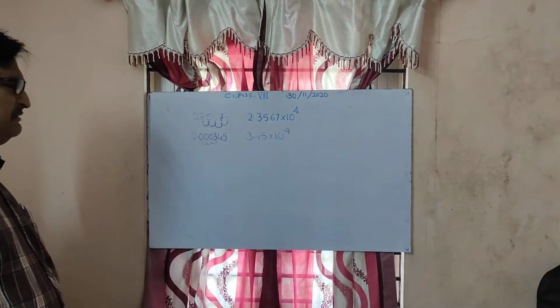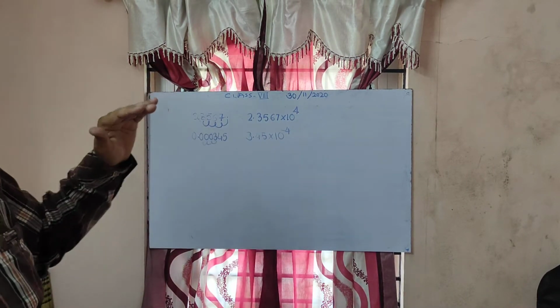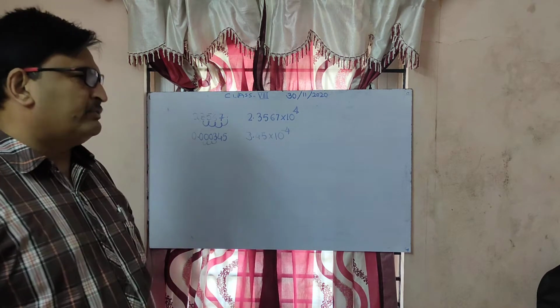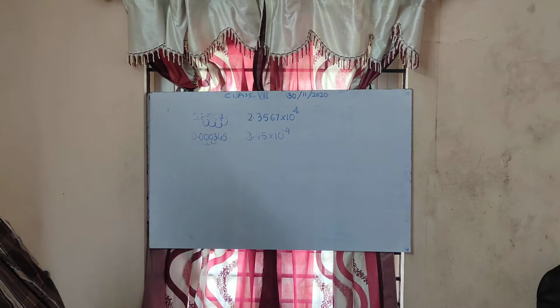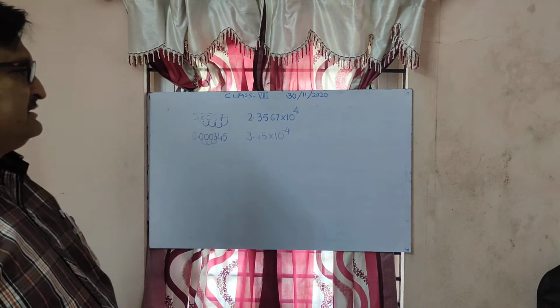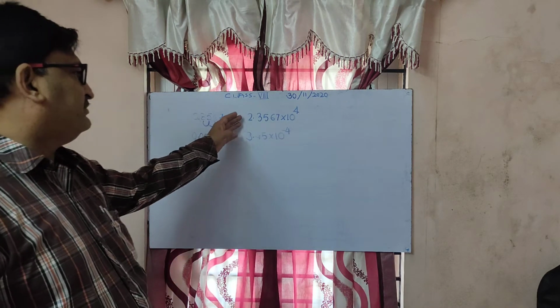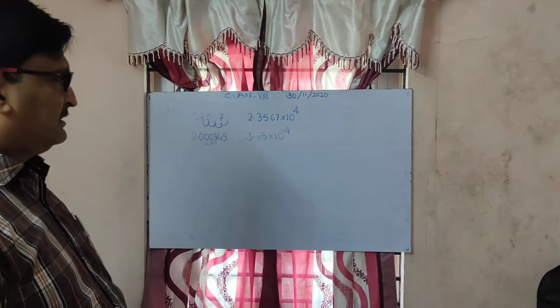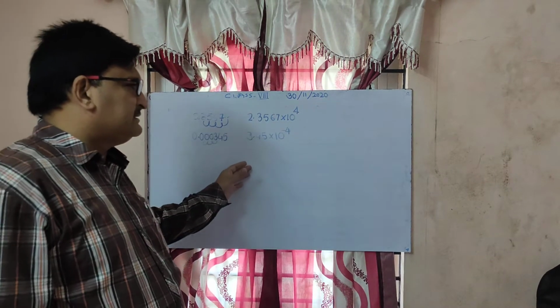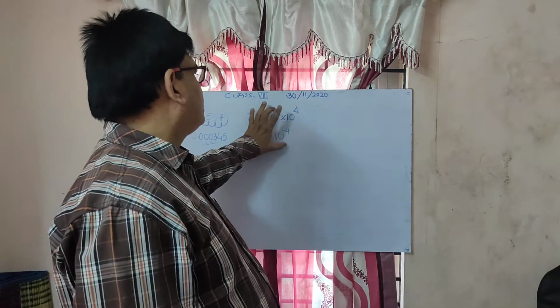Always see what you can observe from the previous class. We have written some examples, and in that you have seen the various types of numbers I have written. So from all these, this is called standard form.